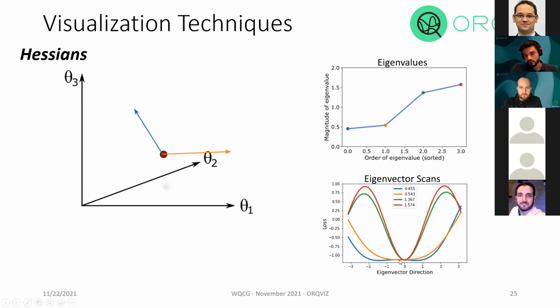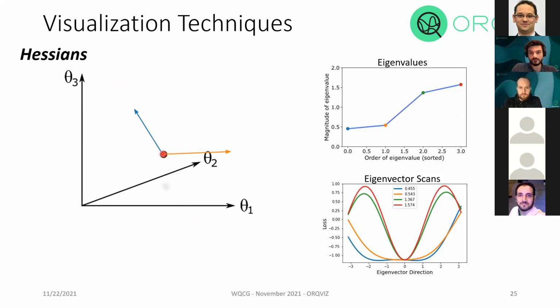We can actually choose those direction vectors and evaluate, for example, the loss, to evaluate the function if we scan along these eigenvectors. So this blue curve here is essentially the loss evaluated on this line.